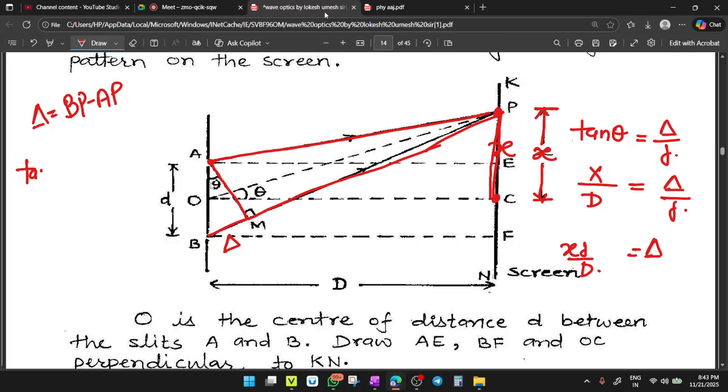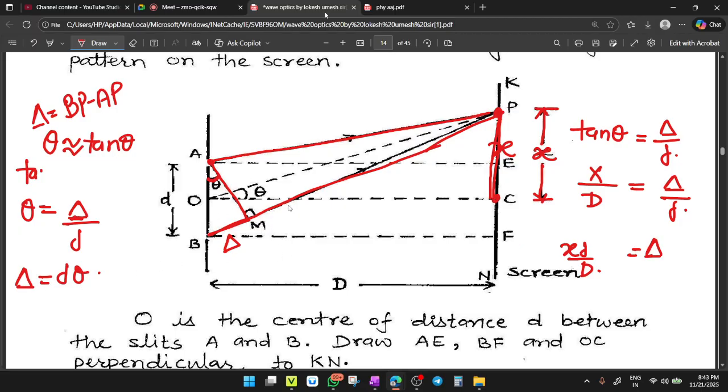In this triangle, theta is there. For a small angle, theta is about tan theta. So theta equals perpendicular upon base. The perpendicular here is BM, that is delta, upon base d. So delta equals d into theta, the path difference delta equals d multiplied by theta.